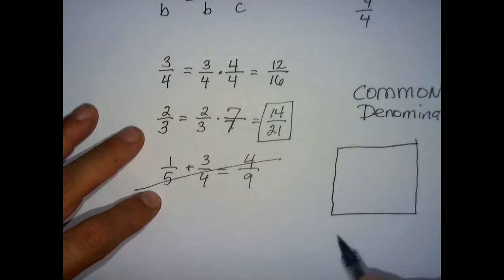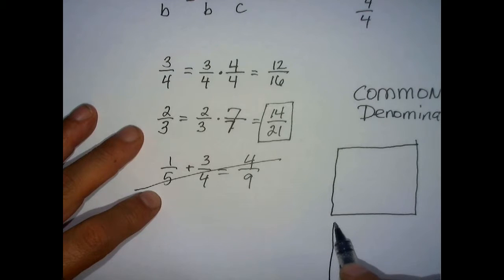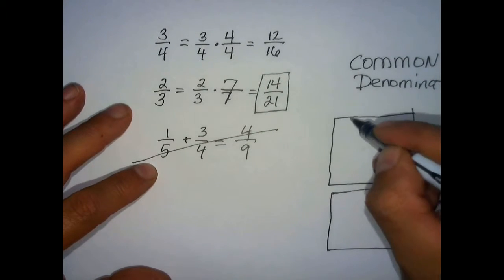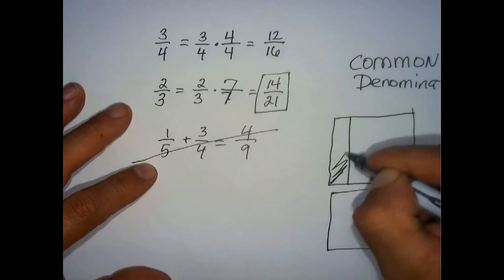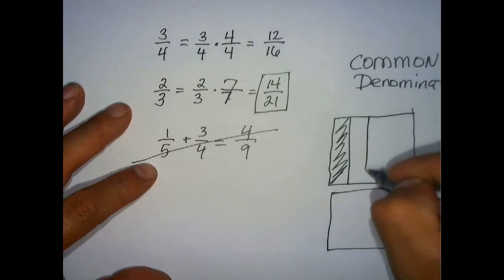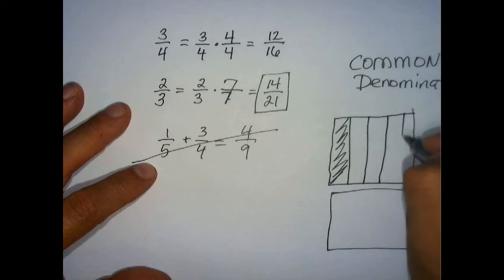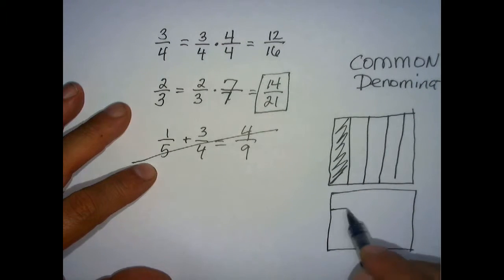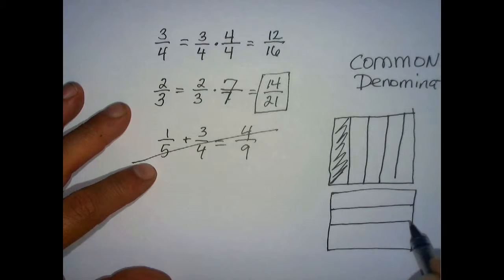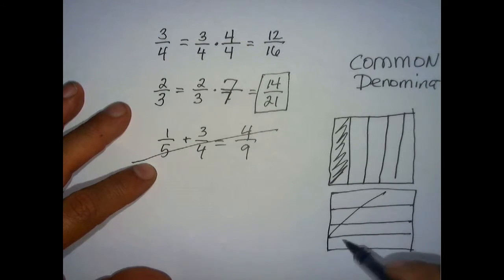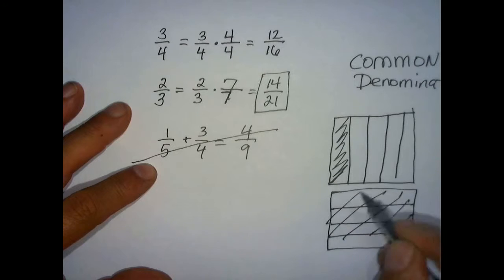So really what we're doing is, let me just make sure I'm on the screen here. Alright, we're taking 1/5, which is here. There's 1/5. And then we're going to take 3/4 and add them together.